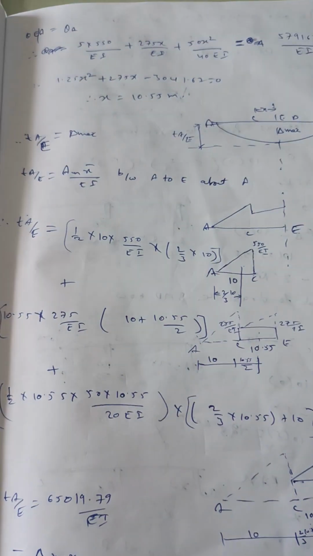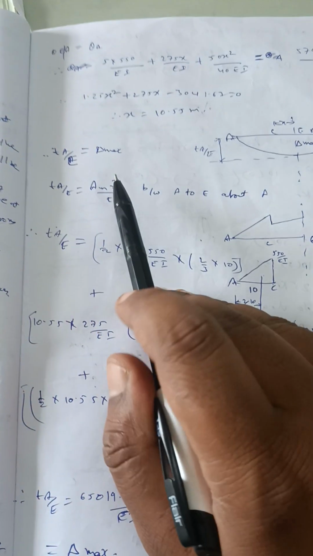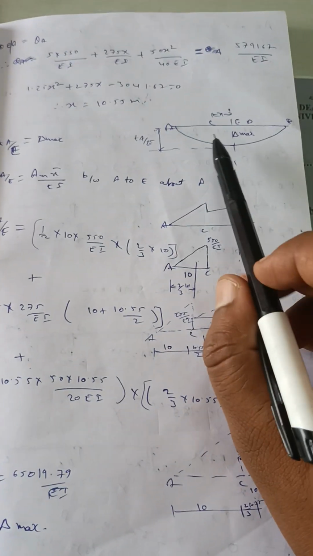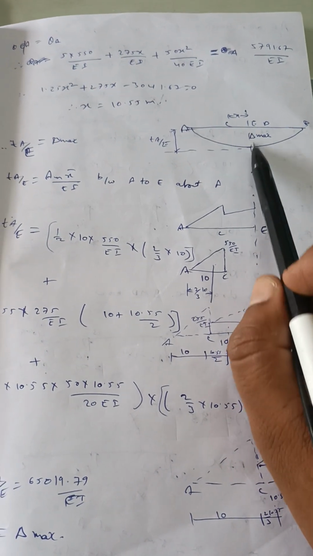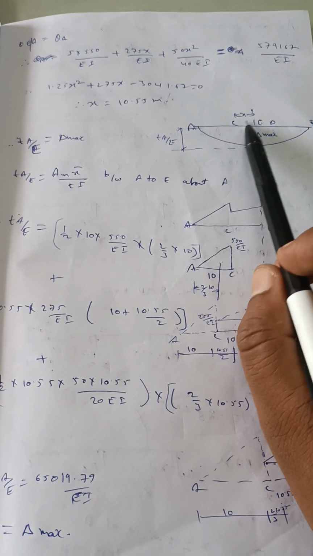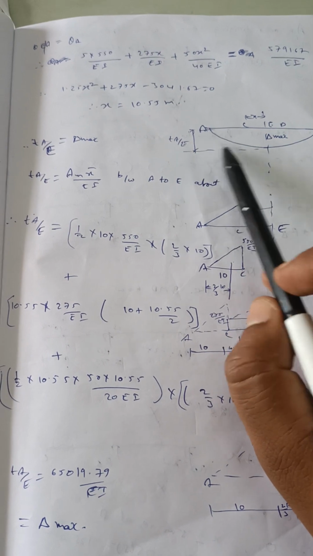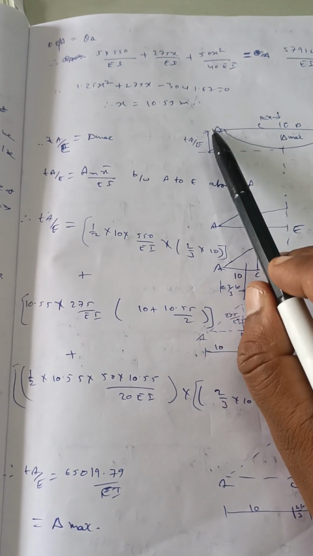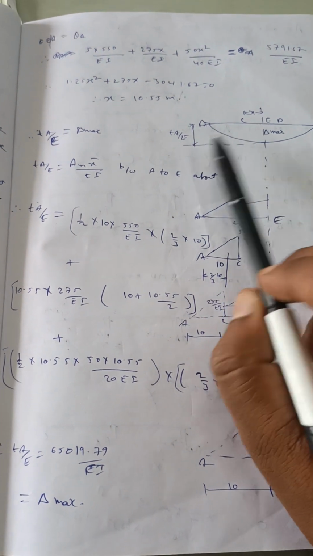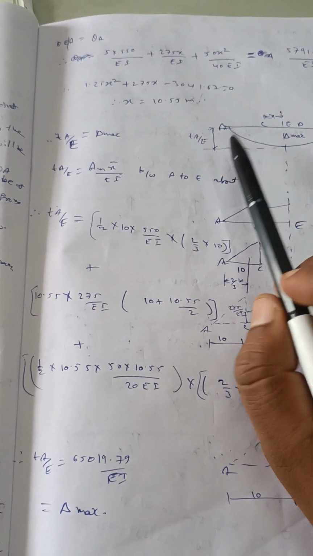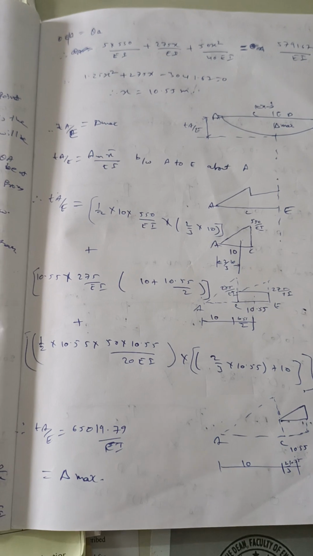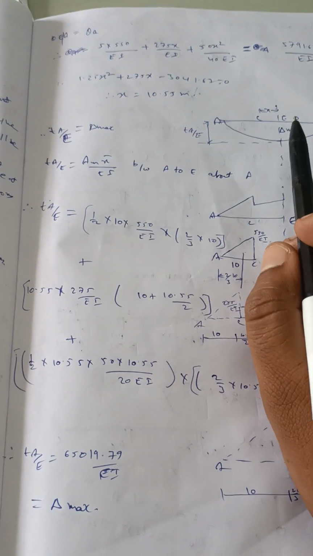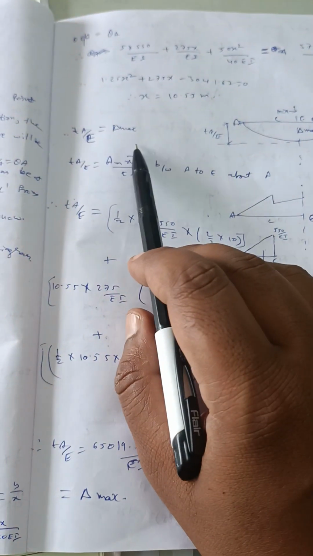This is your figure, delta max, and the x value is 10.55. If I draw a tangent here, this deflection is called tan A by E. This is nothing but your maximum deflection.